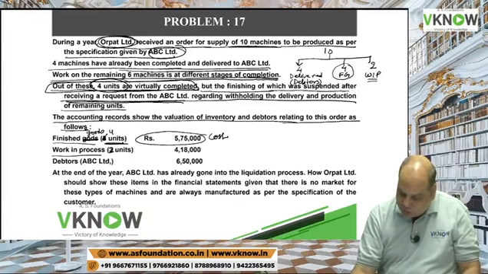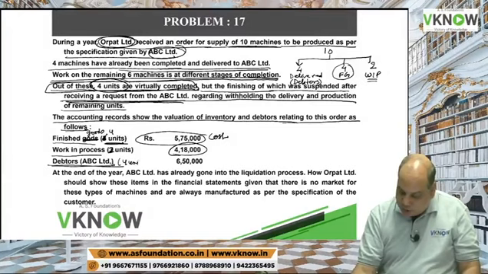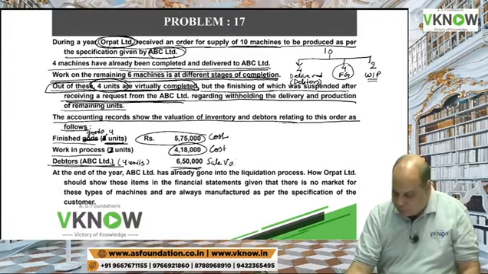WIP, write down 2 units, cost incurred is 4,18,000, and debtor, 4 units are completed and sold, 6,50,000. This is cost, and this is probably sale value.